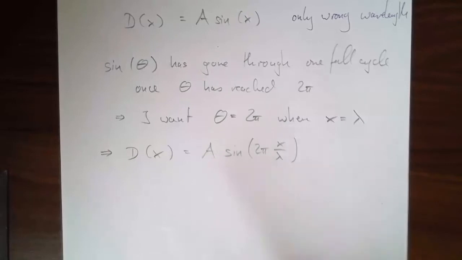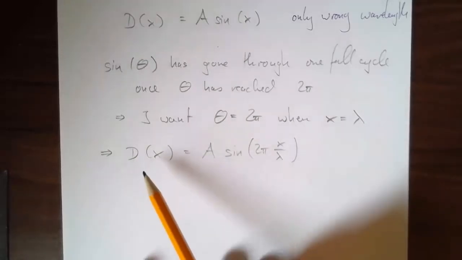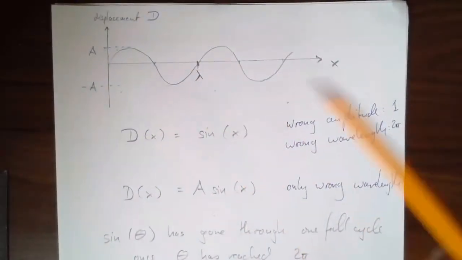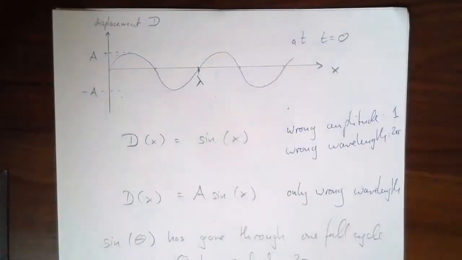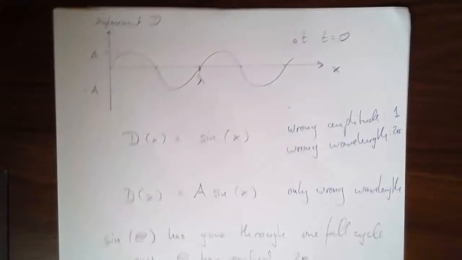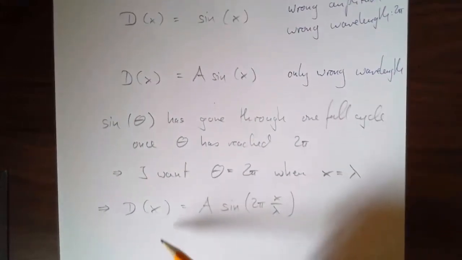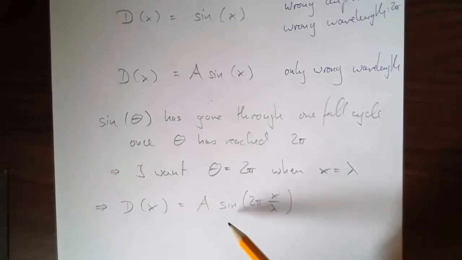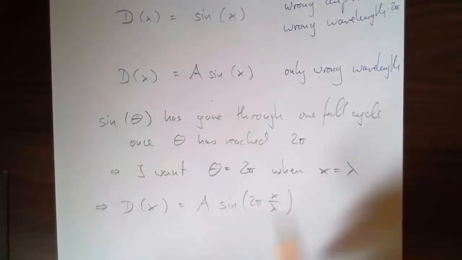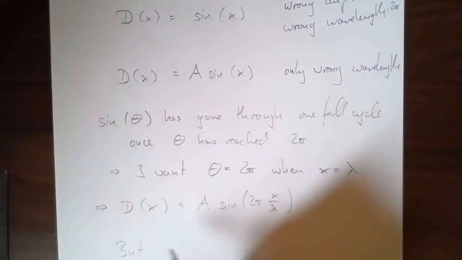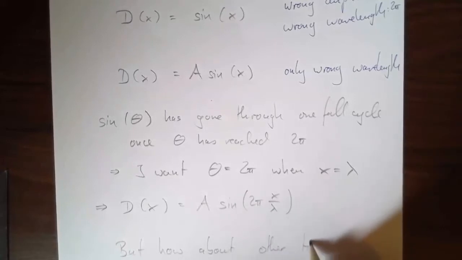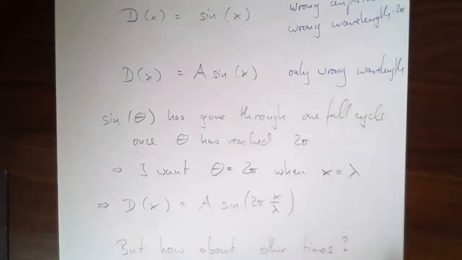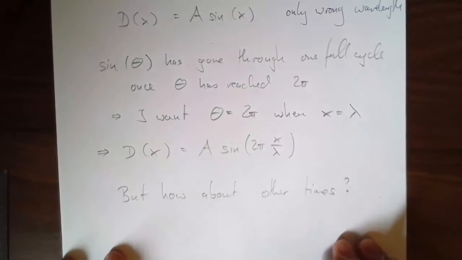Am I done? Not quite, because this is a graph at one given time. Maybe this is at t equals 0. So this function that I've constructed works, but only at a given time. But how about other times t?